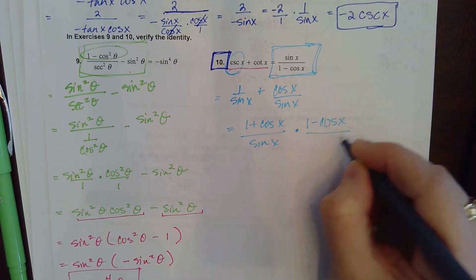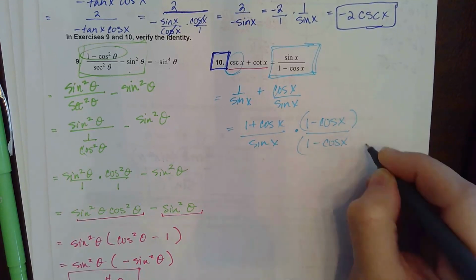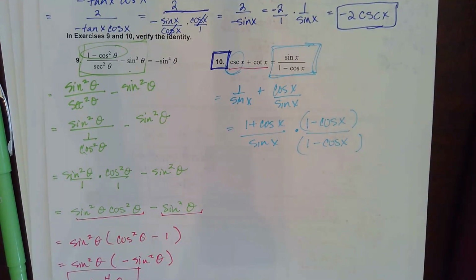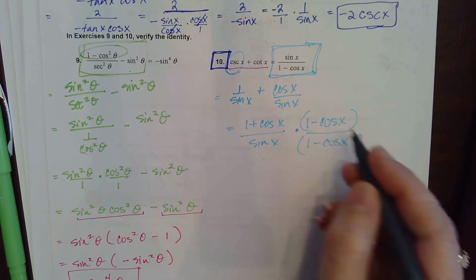In this case, I'm going to multiply by 1 minus cosine of x. The reason I can do this is because multiplying that fraction by 1 minus cosine of x over 1 minus cosine of x is the same thing as multiplying by 1. So I didn't change the value any. I need you to distribute across the top.